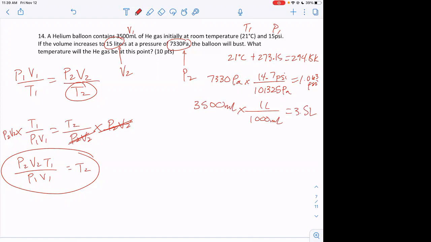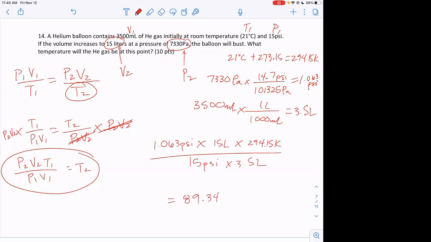So P2 is now the 1.063 PSI times my V2, which is 15 liters, times my T1, which is 294.15 Kelvin, divided by P1 V1, which is the 15 PSI times the 3.5 liters. You should have got 89.34 or something Kelvin.